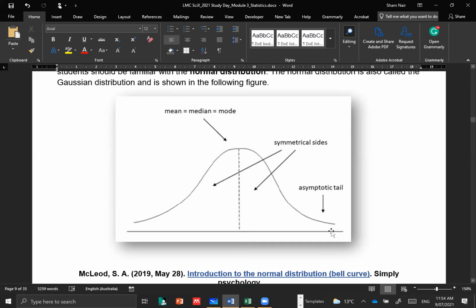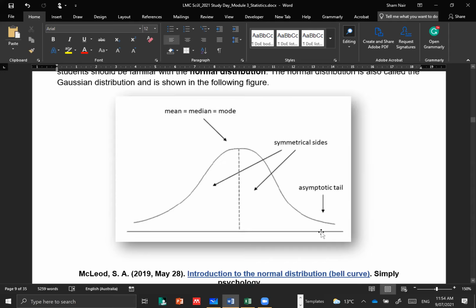So if you counted, for example, the lengths of all the leaves in a tree, they would tend to fall into this pattern, a distribution pattern. And so they called it normal. Technically, it's called a Gaussian distribution, but we've all stuck with normal distribution.